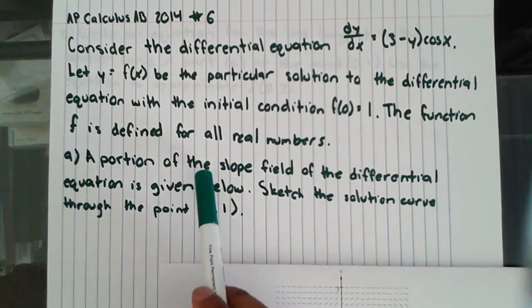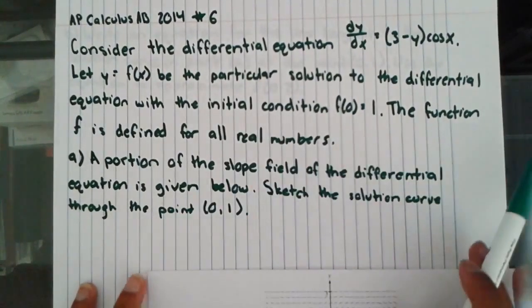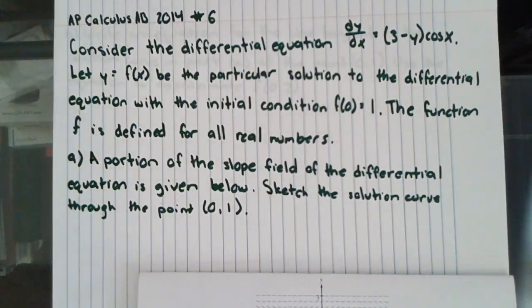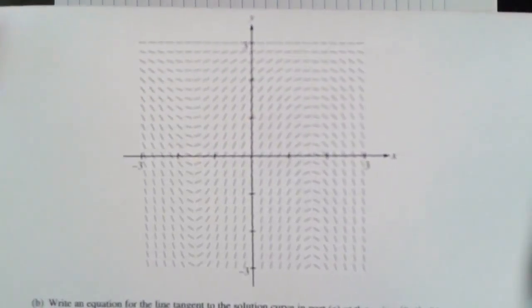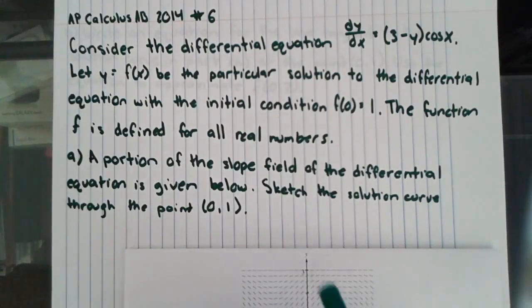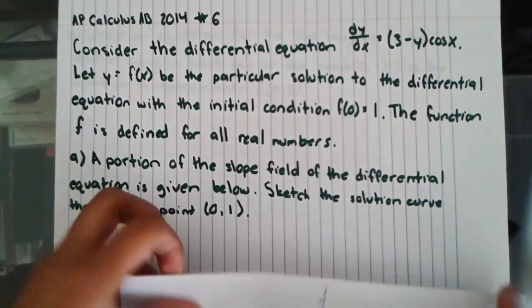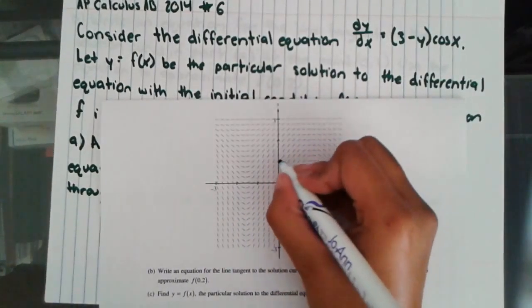Okay, for part A, a portion of the slope field of the differential equation is given below. Sketch the solution curve through the point (0, 1). So here's the graph that they give you, and they want you to sketch a curve that passes through the point (0, 1), and (0, 1) is right here.